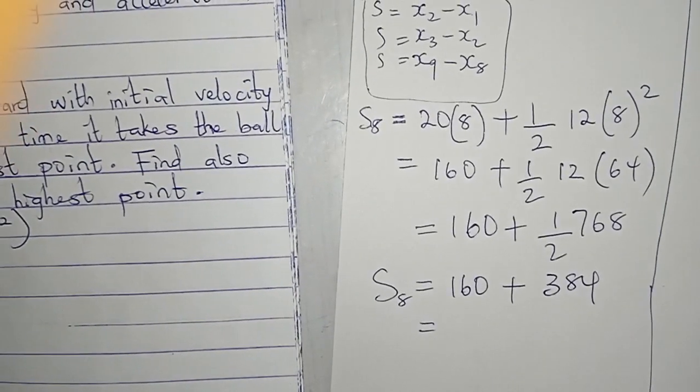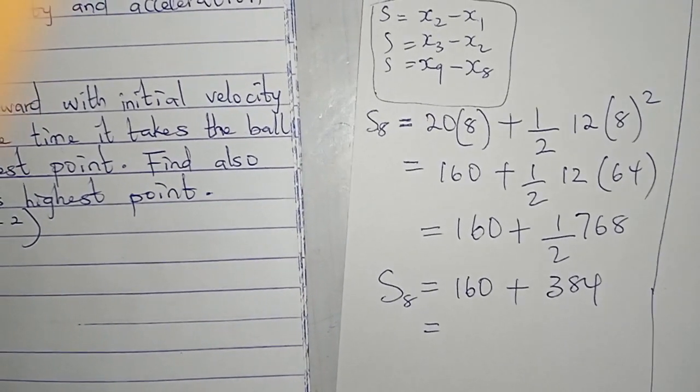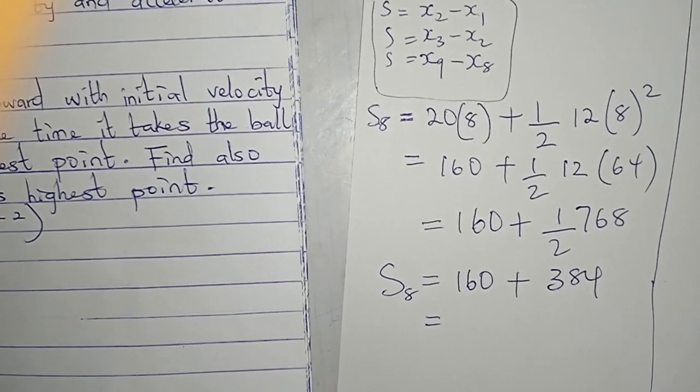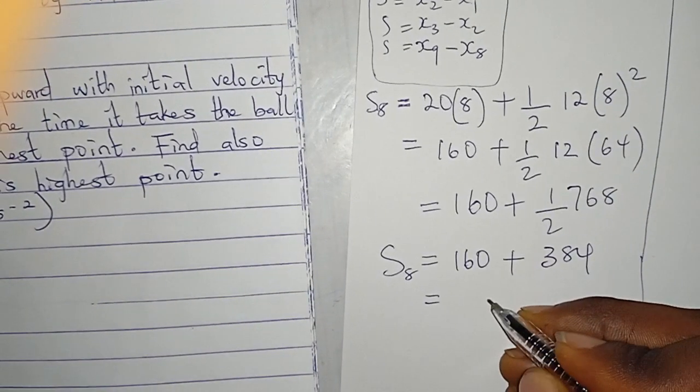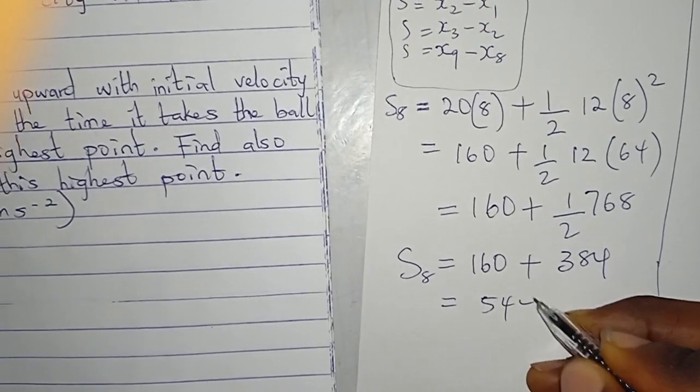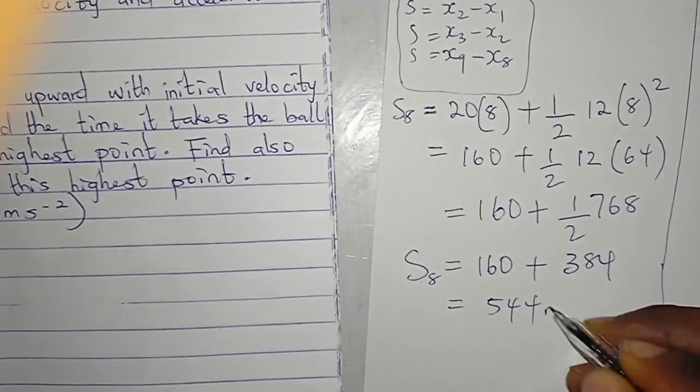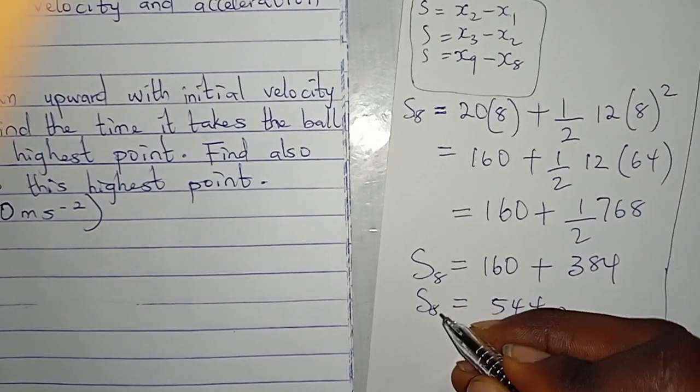So 384 plus 160 should give you 544 meters. That is S8.